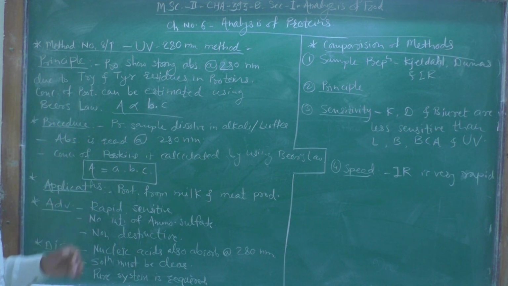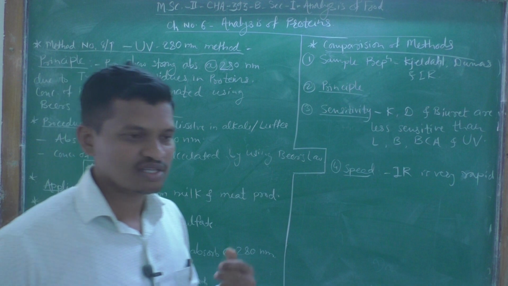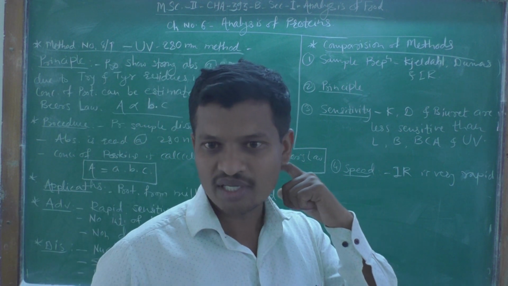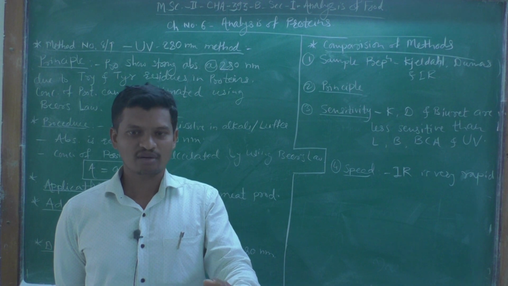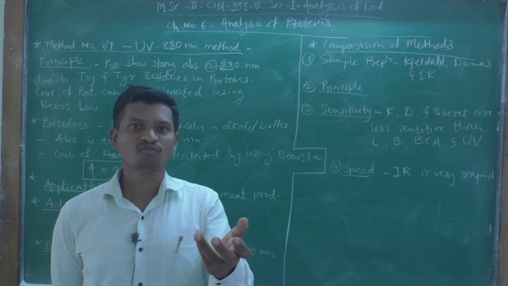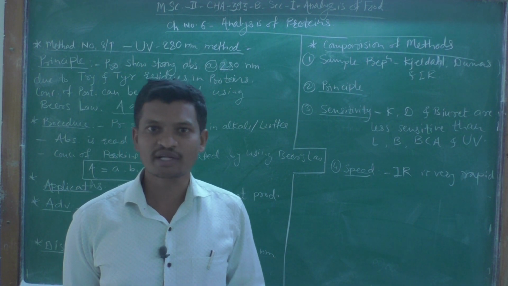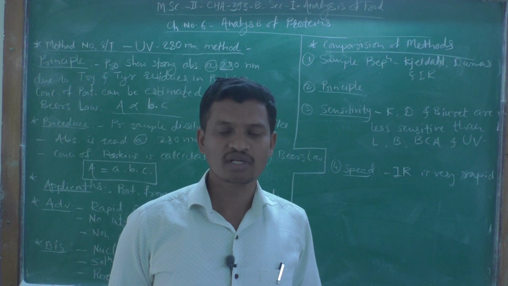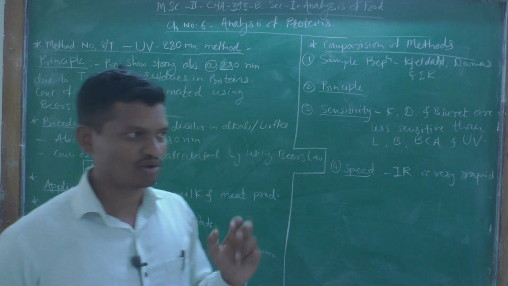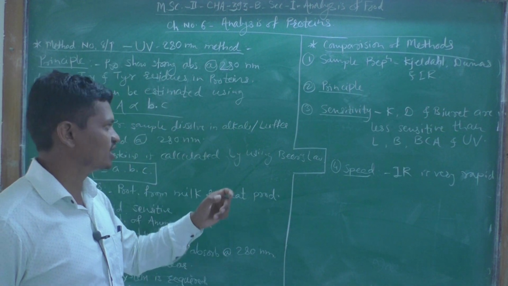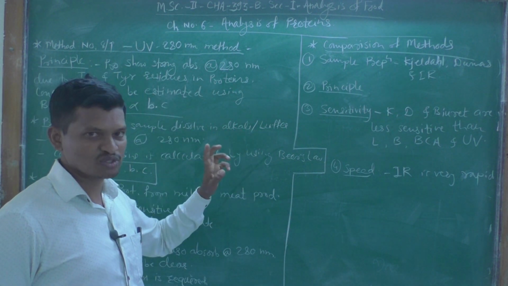Now the procedure. The procedure of this UV method is very simple. Just dissolve your protein sample, means your food sample for which we have to determine the protein content, in alkali or buffer solution.